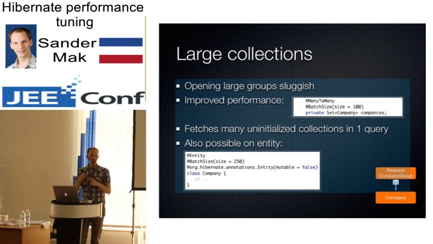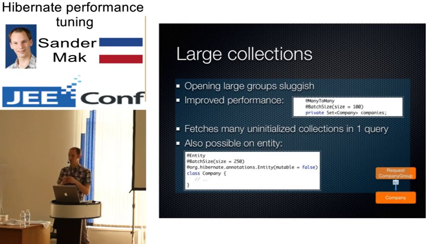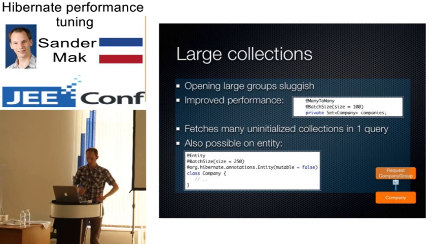But it will also look into your persistence context: hey, are there any other company groups with uninitialized lists? If yes, then go and fetch all of these company groups now in a single batch as well. And do this for up to a maximum of 100 collections that are not initialized yet. So obviously this made the performance better.